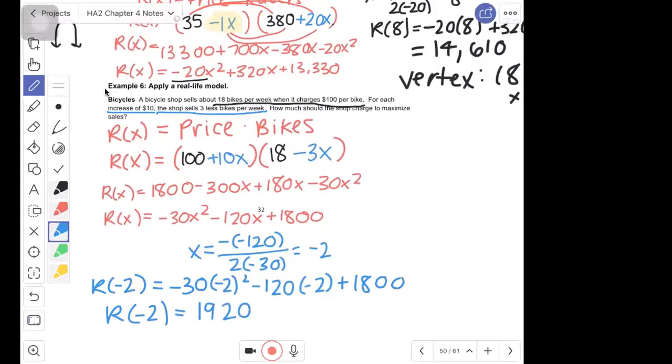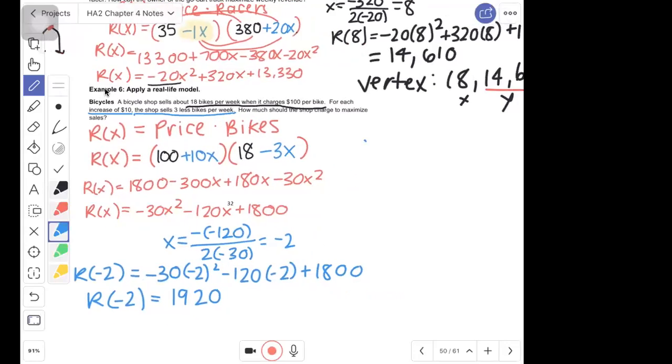So we know that that's the maximum profit we can get, 1,920 per week. So our vertex is -2, 1,920. So what does that -2 mean?